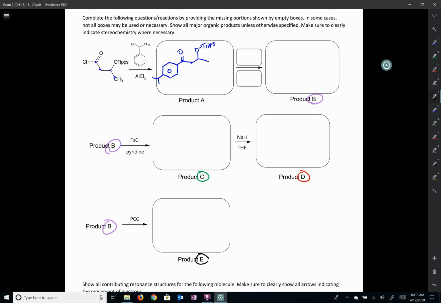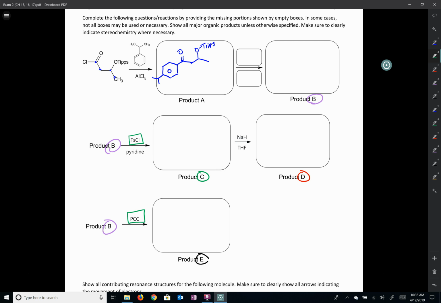There's a couple of important clues that I'll draw your attention to here. Product B is reacted with tosyl chloride and pyridine, and then sodium hydride and THF. And it's also reacted with PCC. Now, what you need to look at is, what do tosyl chloride and pyridine, sodium hydride, and PCC do?